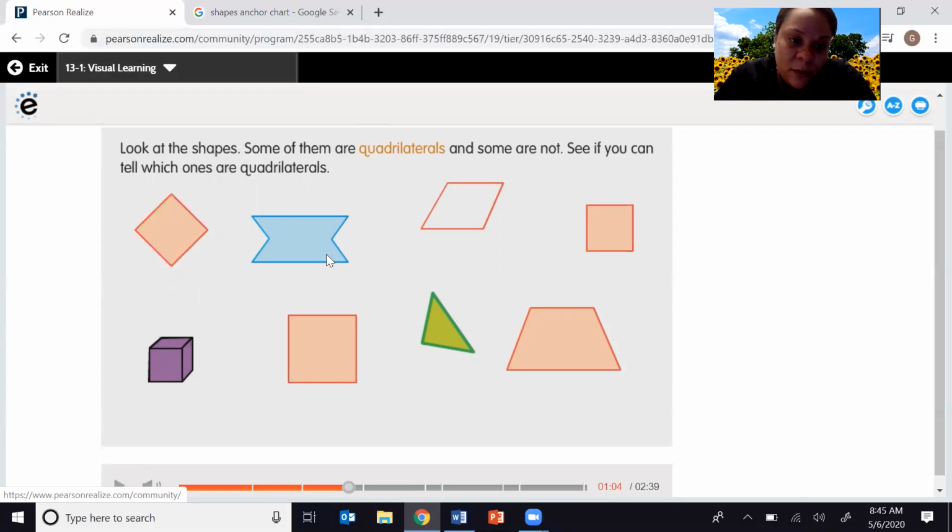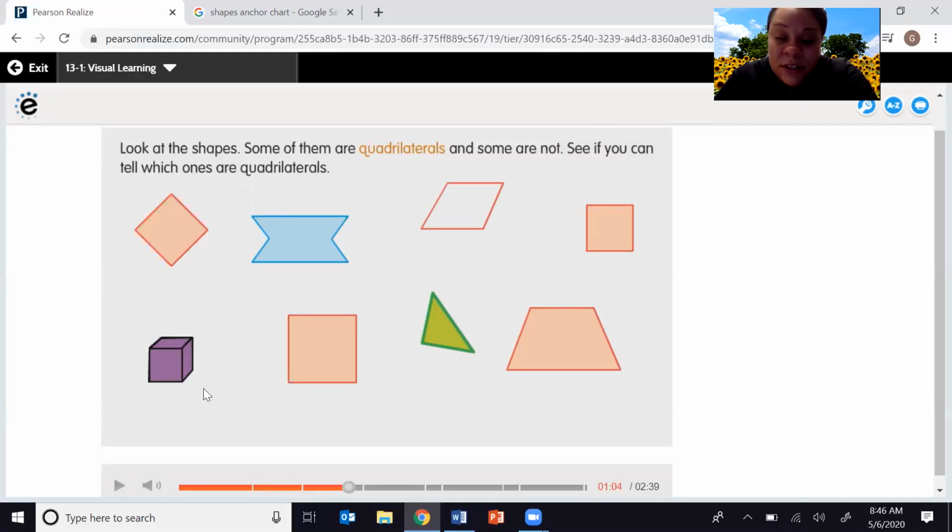So quadrilateral? 1, 2, 3, 4, 5, 6. Yeah, no, because look, it has 6 vertices and looks like 6 sides. So that's not a quadrilateral. 1, 2, 3, 4. This is a quadrilateral. 1, 2, 3, 4. This is a quadrilateral.